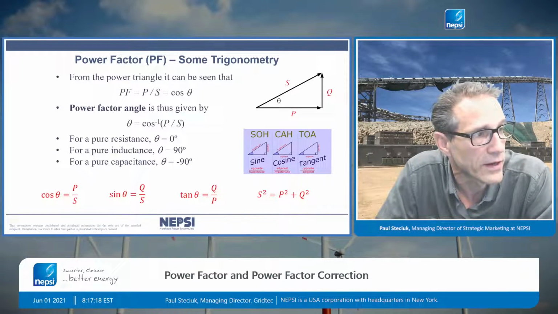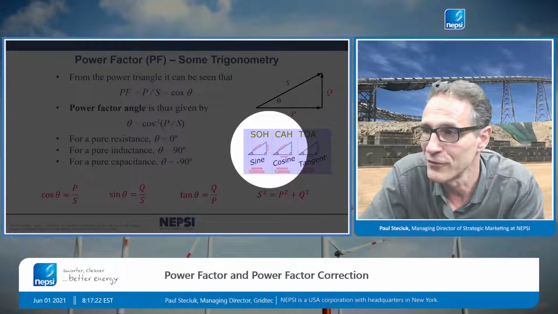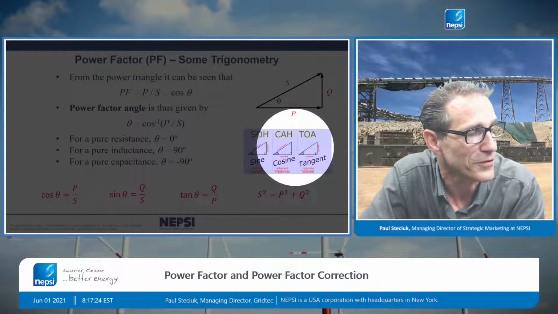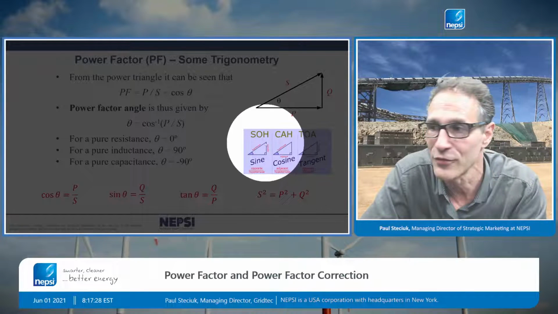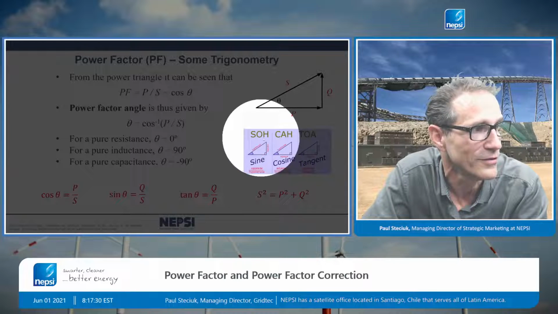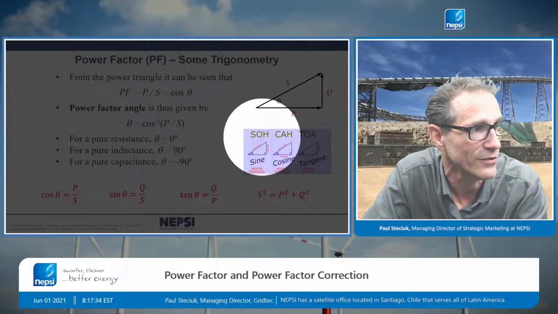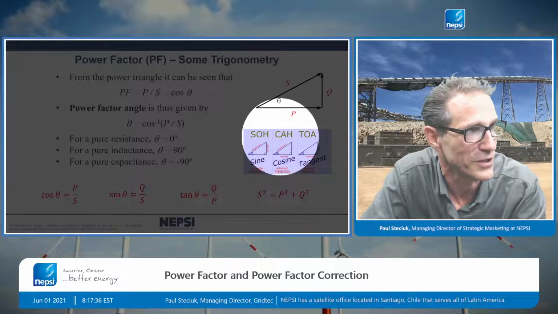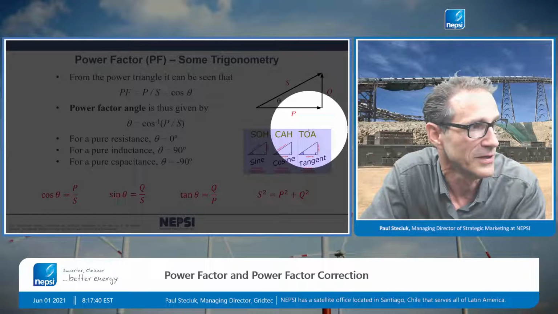If you remember back in the high school years, and we had this in North America, I don't know if this is something that you get in Australia, but it'd be kind of interesting to know. Have you guys heard of SOHCAHTOA? Sine equals opposite over hypotenuse, cosine equals adjacent over hypotenuse, and tangent equals opposite over adjacent.